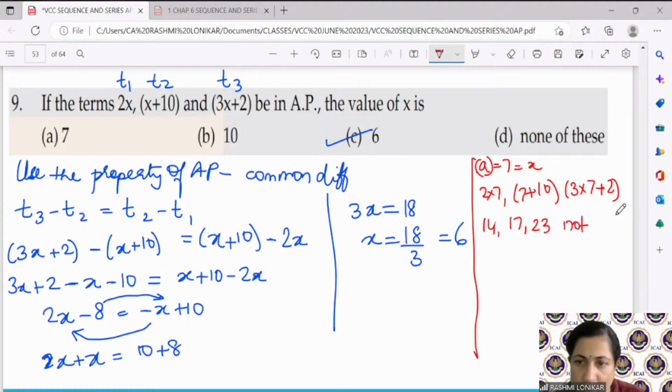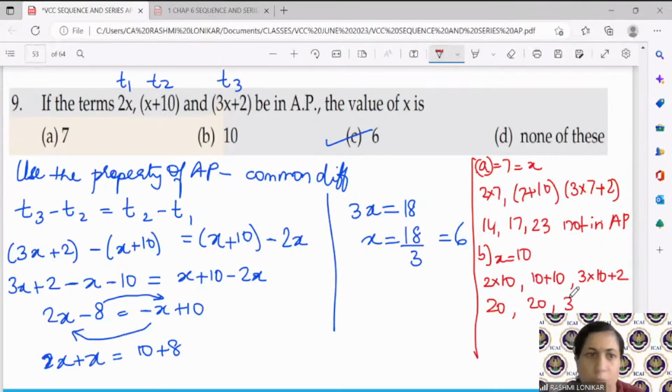How do I know it is not in AP? Because this difference is 3 and this difference is 6. Now let me see B. If I put x is equal to 10, then 2 into 10 is 20, 10 plus 10 is 20, and 3 into 10 plus 2 is 32. So this is also not in AP.